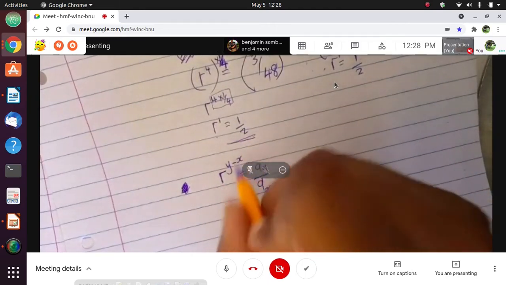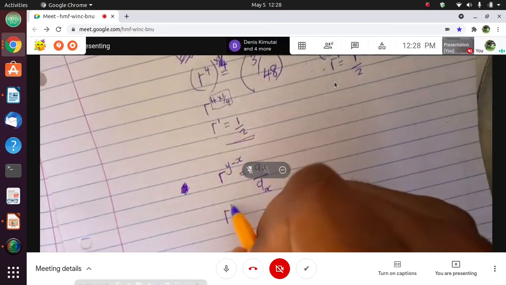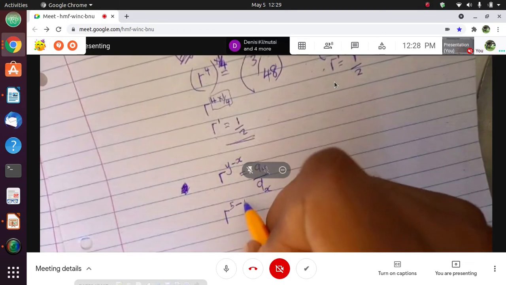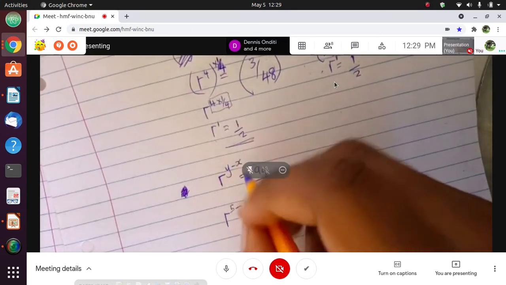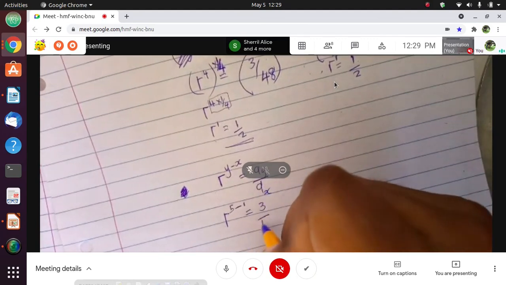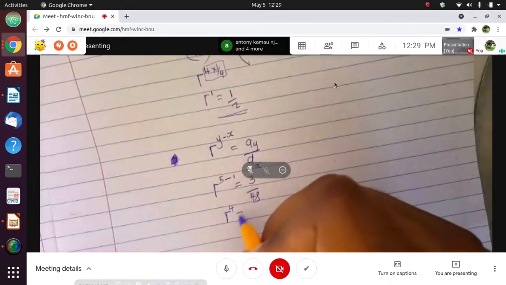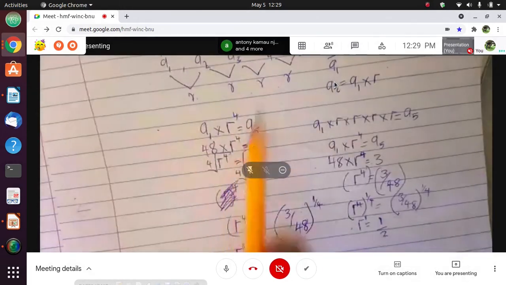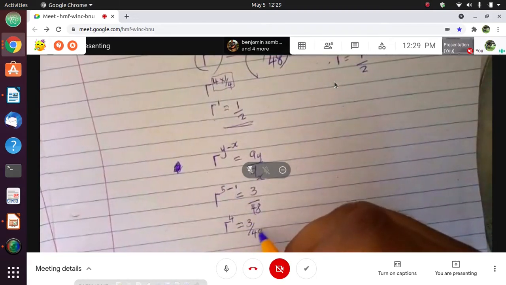In this case, the value of y is 5, the fifth term, and the value of x is 1, equal to the value of ay, which is the fifth term, which is 3, over the value of ax, which is 48. This should take you straight to the answer without having to do all this. So r raised to power 4 is 3 over 48, so it is possible to find r.